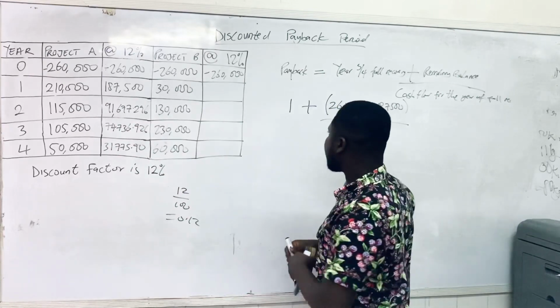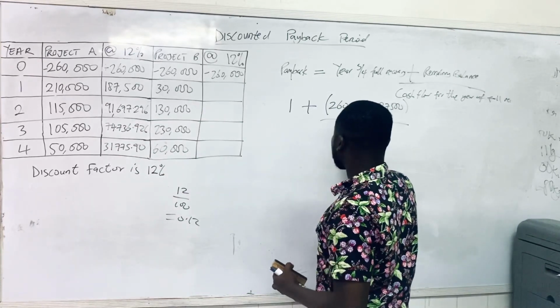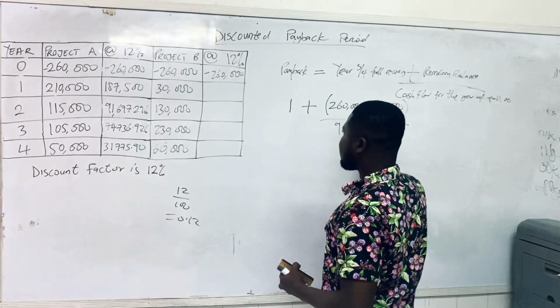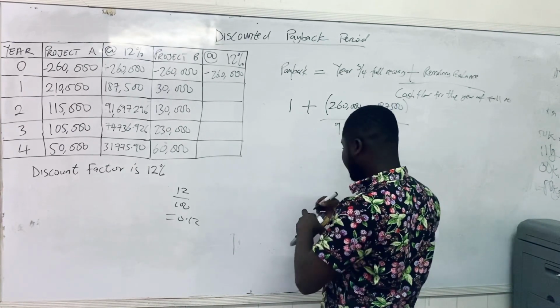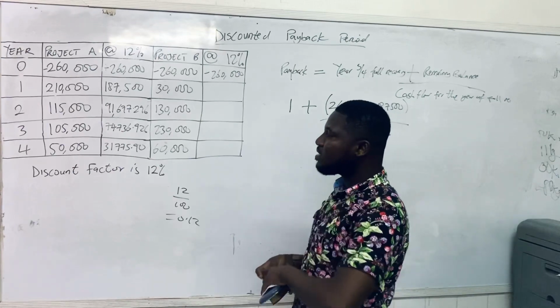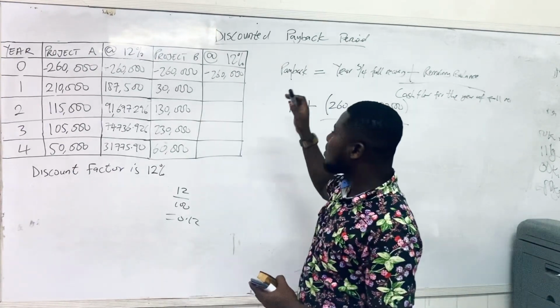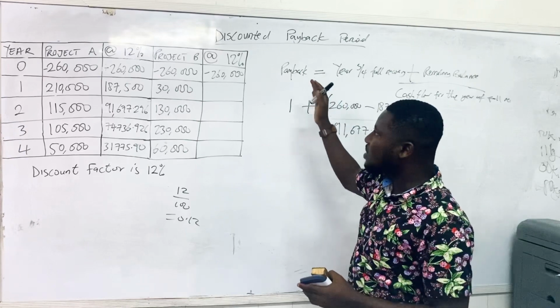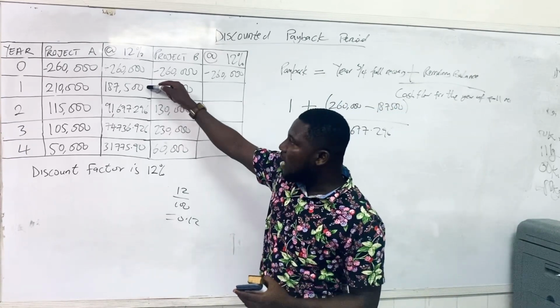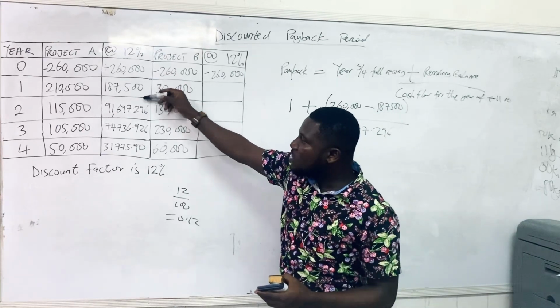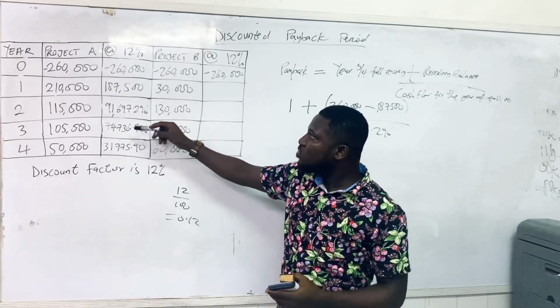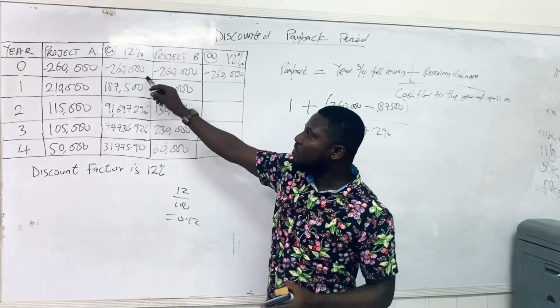So we state the second year's value there, which is 91,677.296. Now, the difference here is that with the discounted payback period, we are only using our discounted values, the values that we calculated here, to calculate the payback period.